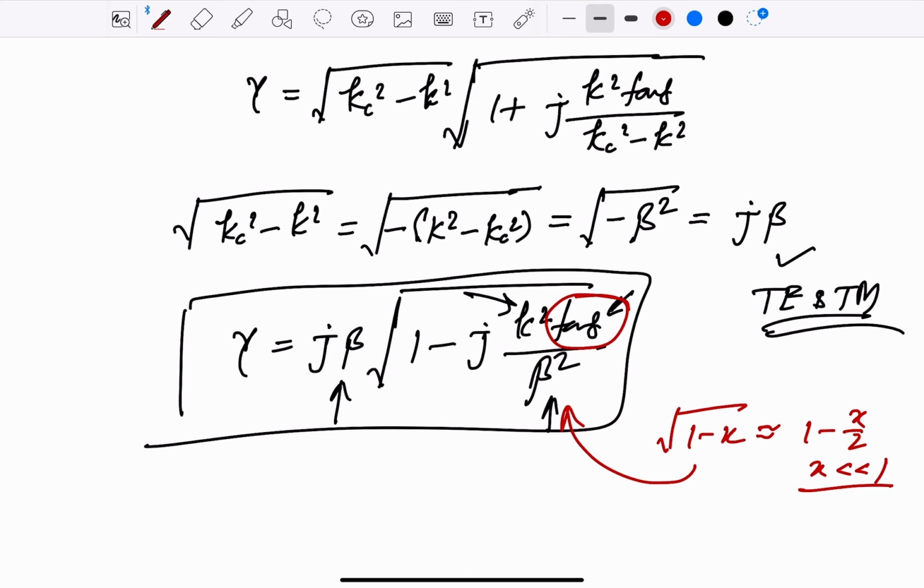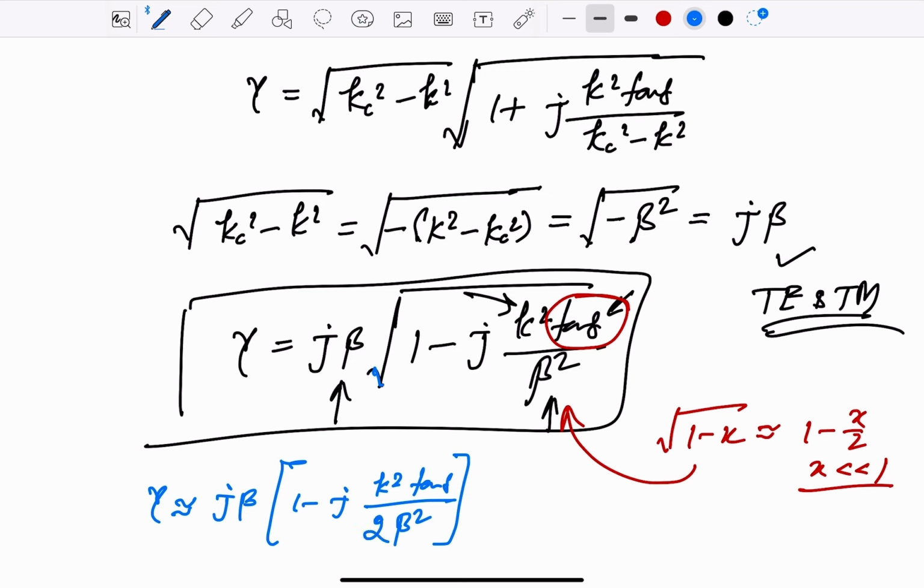So this applies here, and finally gamma is close to j beta times 1 minus j k square tan delta over beta square, with a 2 beta square there. Finally, you can also write this as k square tan delta over 2 beta plus j beta.